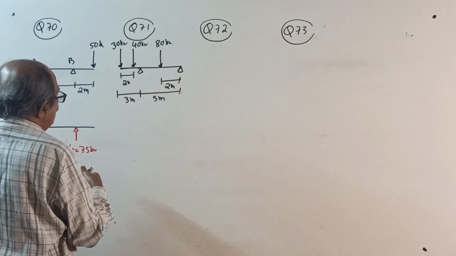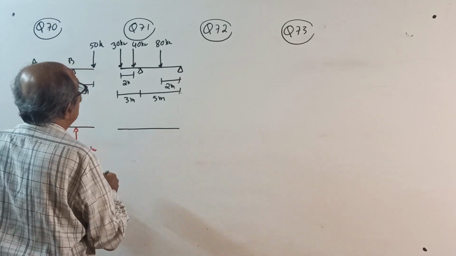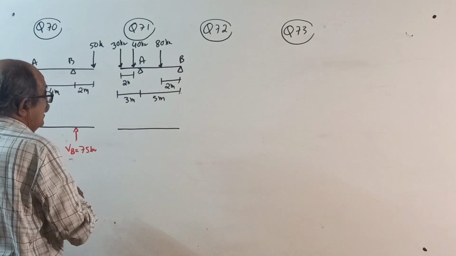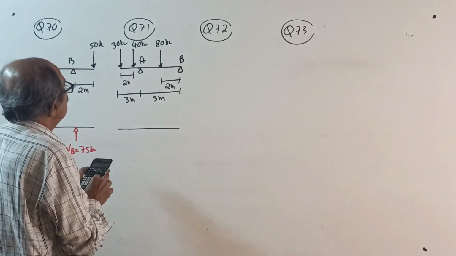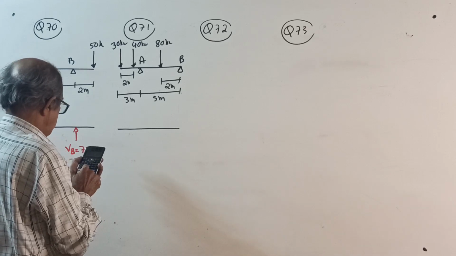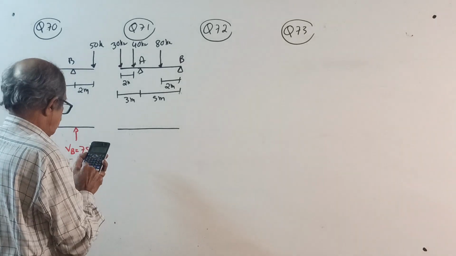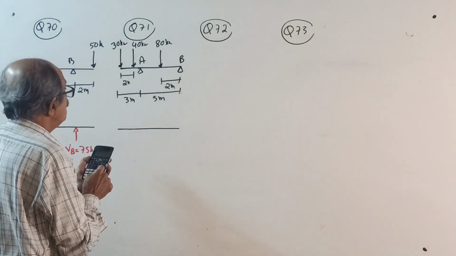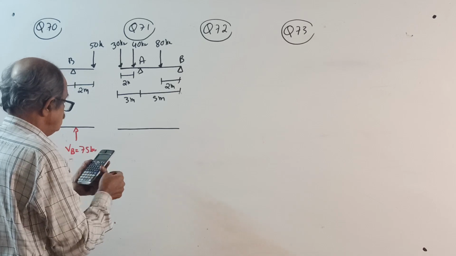Okay. Reaction. AB. A is here, B. I always take support AB. Actually, when you solve a question, any symbol can come. 80 into 2 plus 40 into 6 plus 30 into 8 divided by 5.